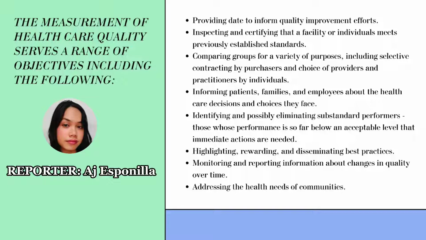The third one is comparing groups for a variety of purposes, including selective contracting by purchasers and choice of providers and practitioners by individuals. This comparison will allow them to control costs. If you wonder what the connection is between comparing groups and controlling costs, the answer is selective contracting. So what does selective contracting mean?